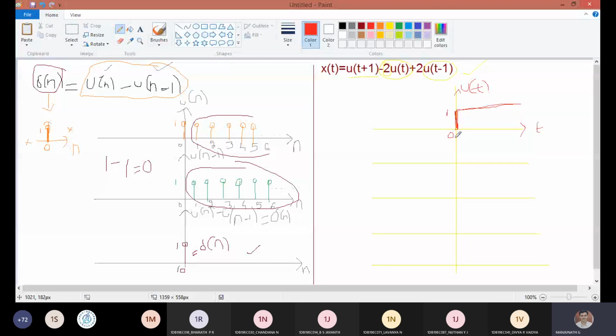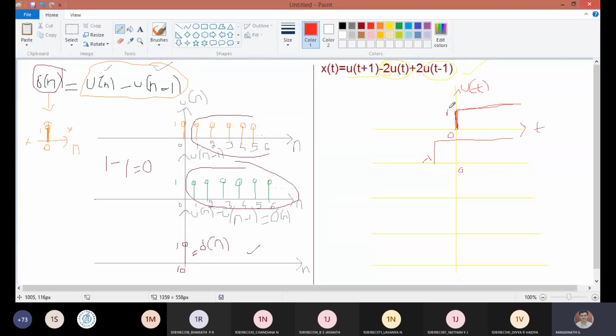Second also would have been done. u of t plus 1 means it will come to this side, starting at minus 1. Okay, so u of t plus 1 is over. Now, with respect to your u of t, the amplitude is multiplied by 2. If I multiply the amplitude by 2, it looks like this, with amplitude 2.